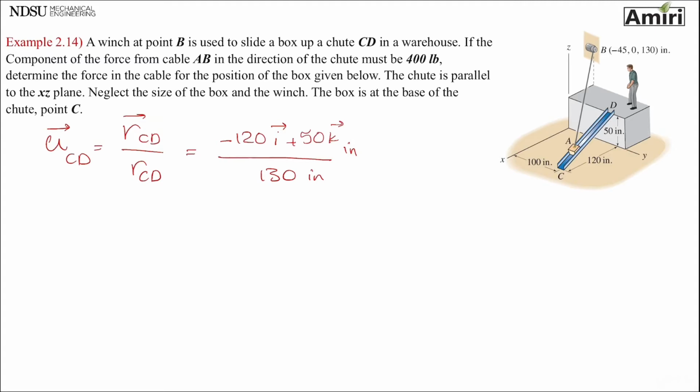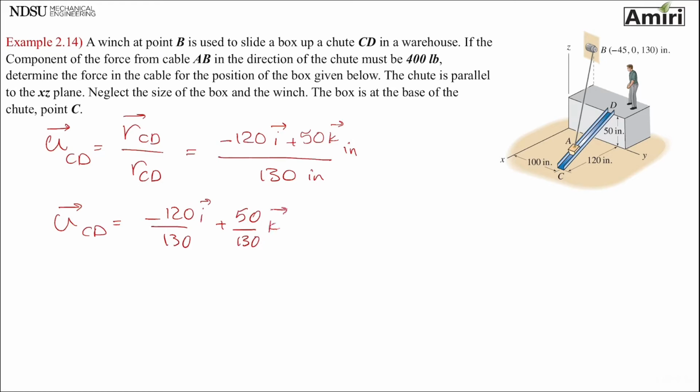So the unit vector is just dividing those two by each other: minus 120 over 130, 50 over 130.